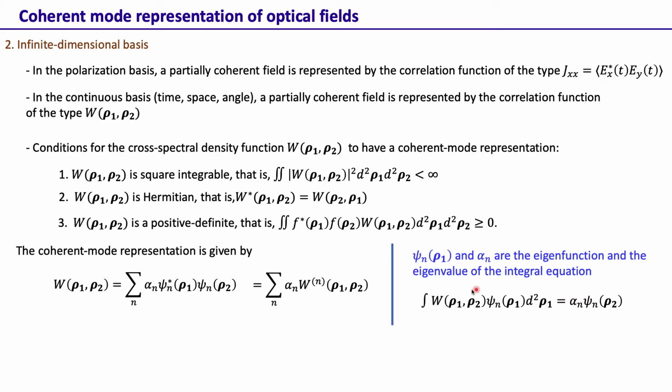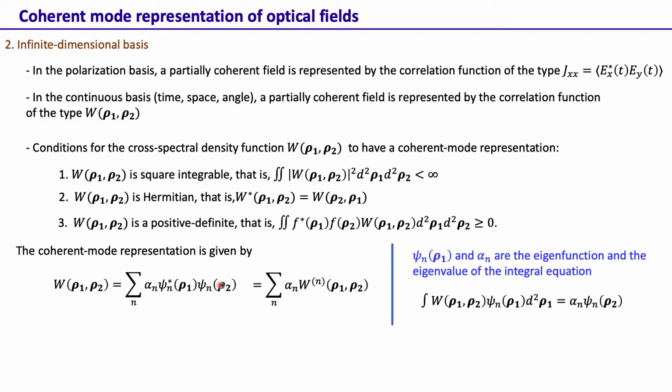I won't go into solving this equation, but we solve this integral equation for the eigenfunction psi n and the eigenvalue alpha n, and then in terms of those, W can be written as the sum of alpha n psi star n(rho 1) psi n(rho 2).